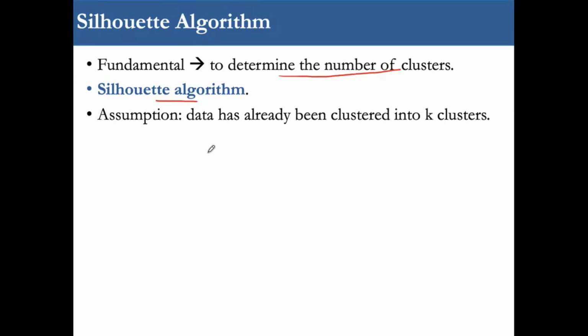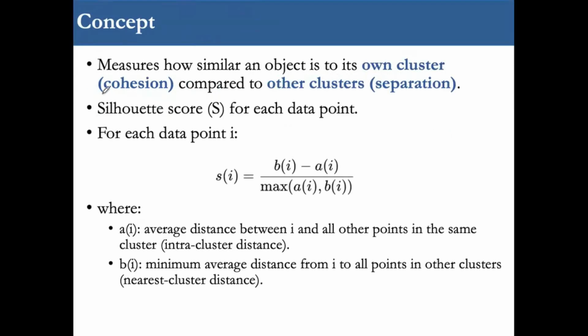In this algorithm, we make an assumption that the data has already been clustered into k clusters by using any clustering technique. Typically, it may be the k-means clustering algorithm. So first we'll learn about the concept of the Silhouette algorithm.